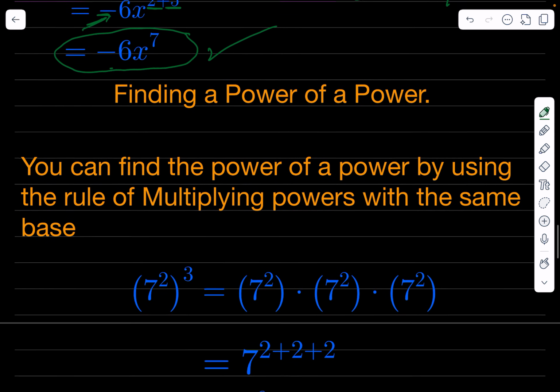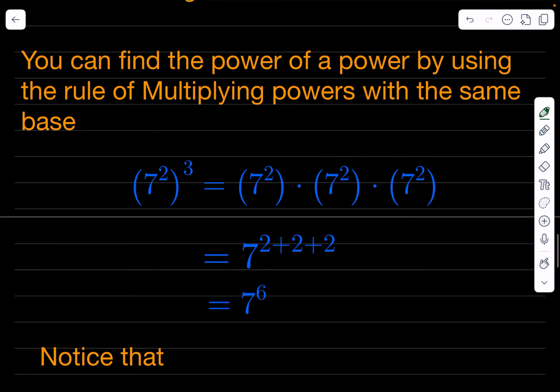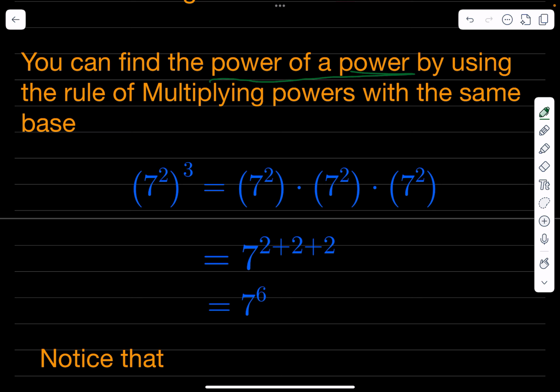Now, let's look at this second example. We're still multiplying, but we call this a power of a power. Okay? Because I've got a quantity in parentheses with an exponent raised to another power. So if we write this out the long way, I've got 7 squared 1, 2, 3 times.